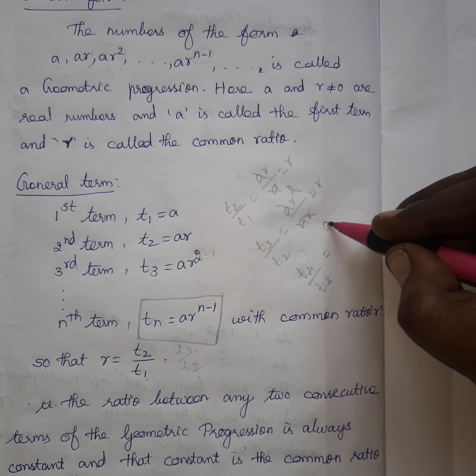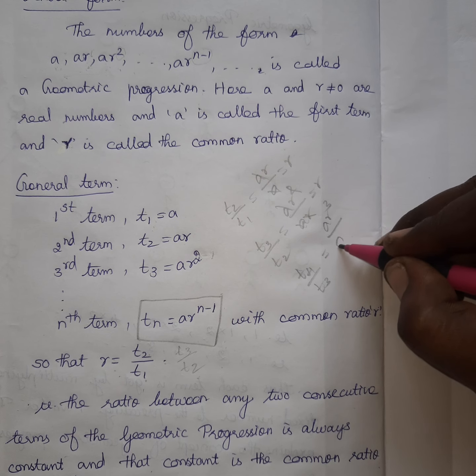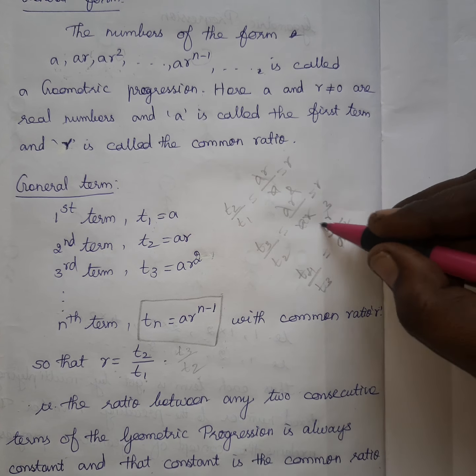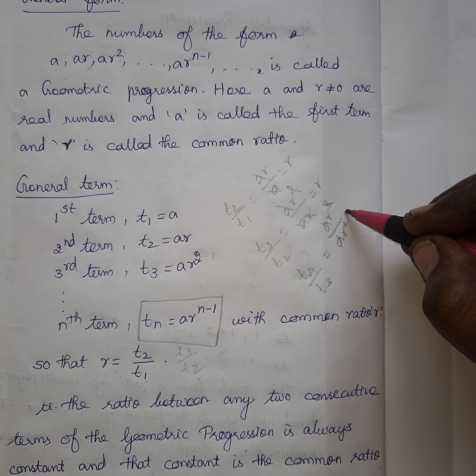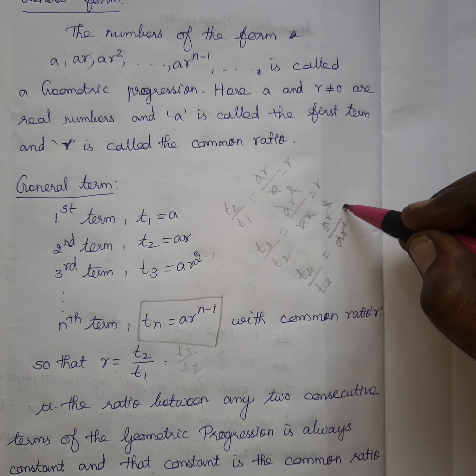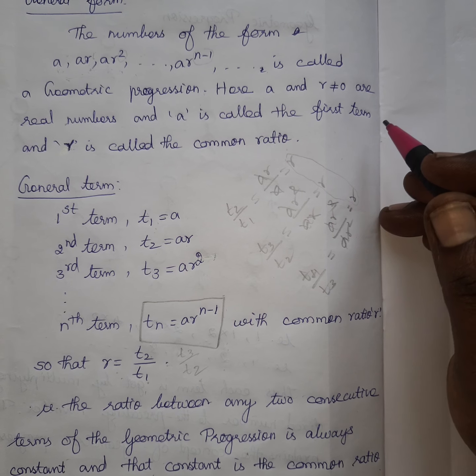T4 you will get as a r power 3 divided by a r power 2. So a, a cancel, r square you can cancel from r cube, so you will get r power 3 minus 2, that is r power 1, it is r. Like that you will get a constant value, that is the common ratio. Are you all clear?